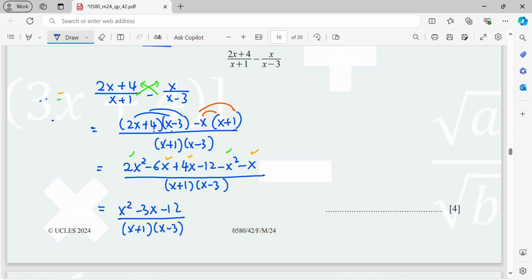Okay, so the numerator cannot be factorized. That means this will be the simplest form. Alright, so done for this question.